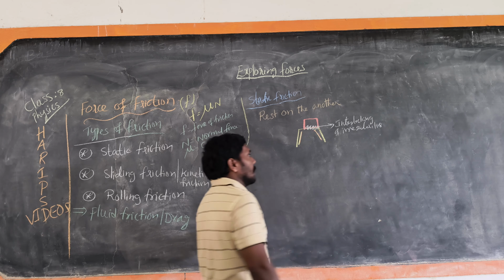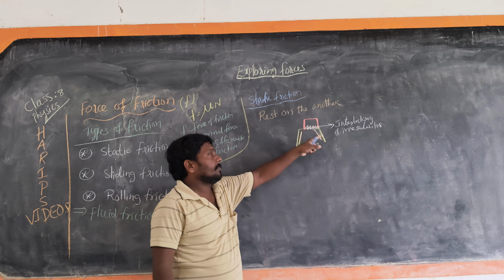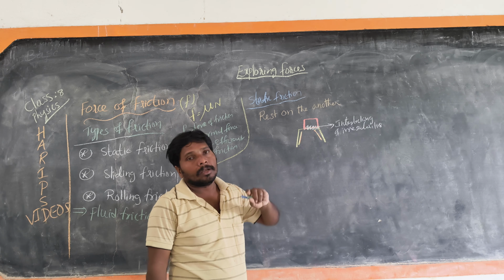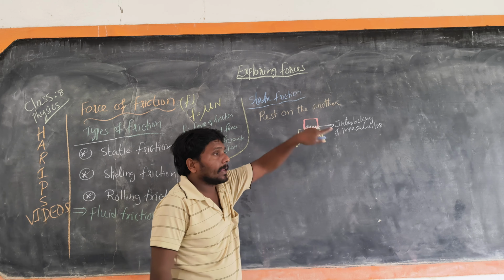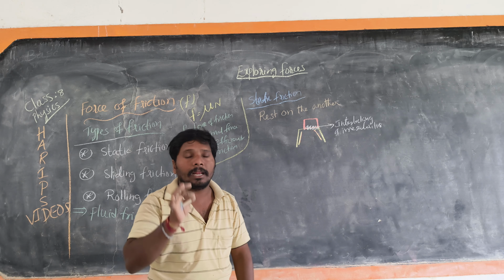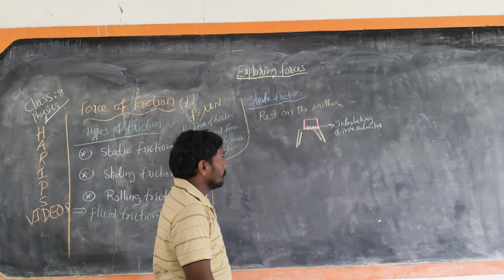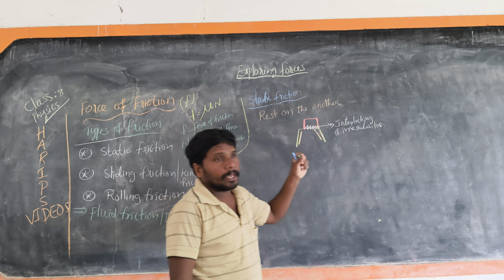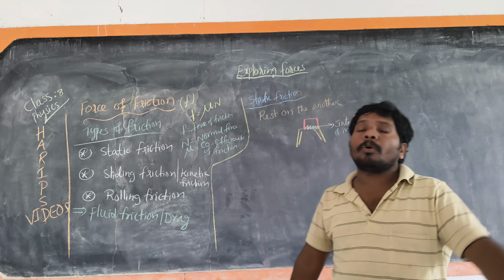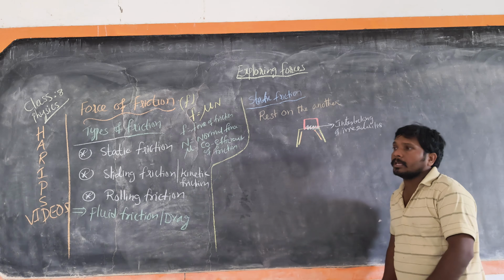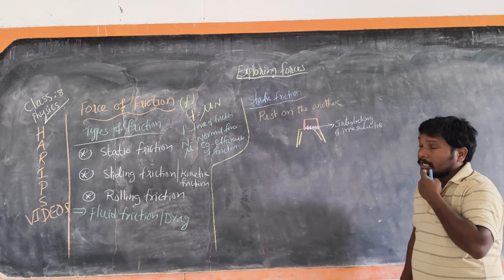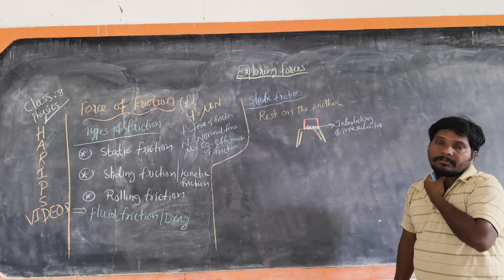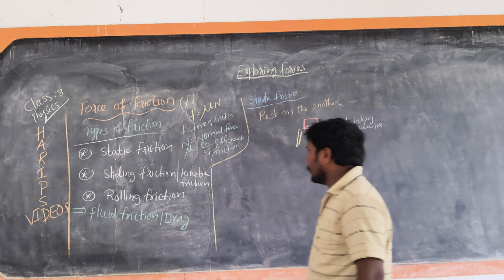The interlocking of irregularities between these two surfaces is maximum, so the object cannot move for a little amount of force. So friction comes into play when two objects are relatively at rest to each other. Such kind of friction is called static friction.